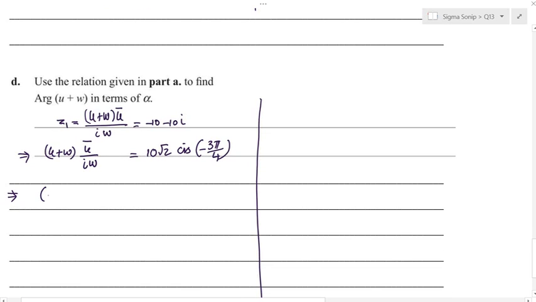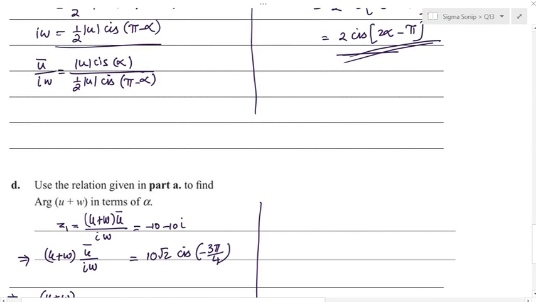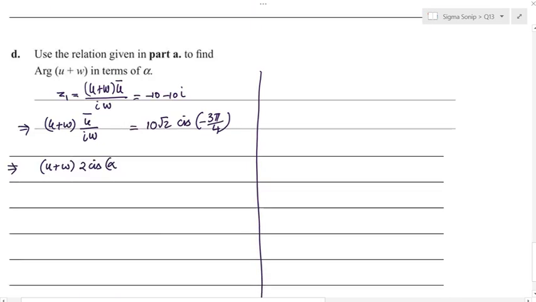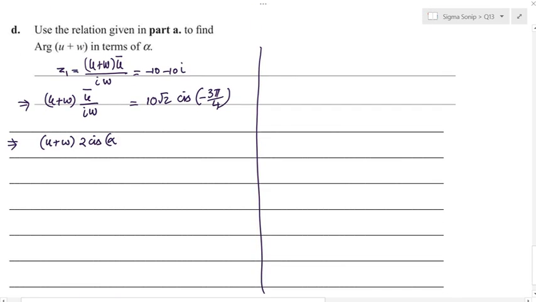So this is my u plus w, 2 cis, what was that, 2 alpha minus pi, sorry. So 2 alpha minus pi. Which means you need to divide and basically separate this.